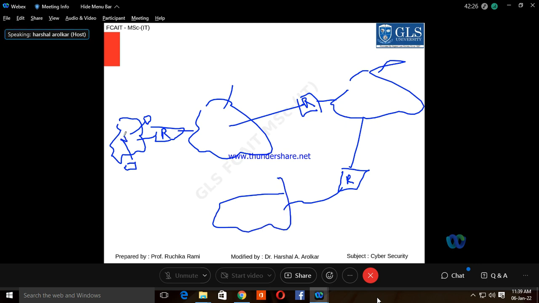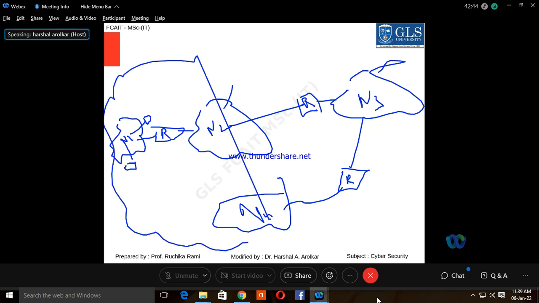This is my network 1, this is my network 2, this is my network 3 and 4, and so I'll be having n network n. The propensity of any attack on this, because they are connected, increases to a larger extent.